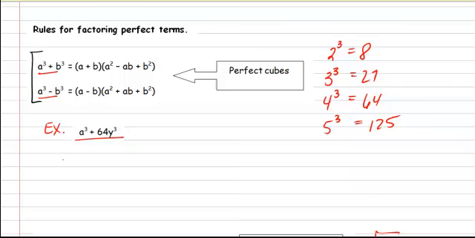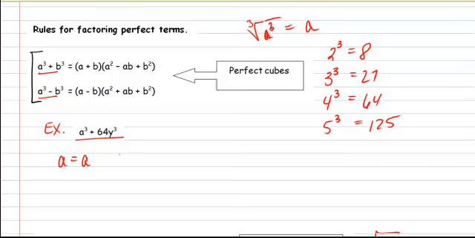I know that the first term, a cubed, well, the cubed root of a cubed is a. I have 3 of them, and when I break it down, I'm going to end up with 1. If I take the cubed root of a cubed, the cubed root of a cubed is a.